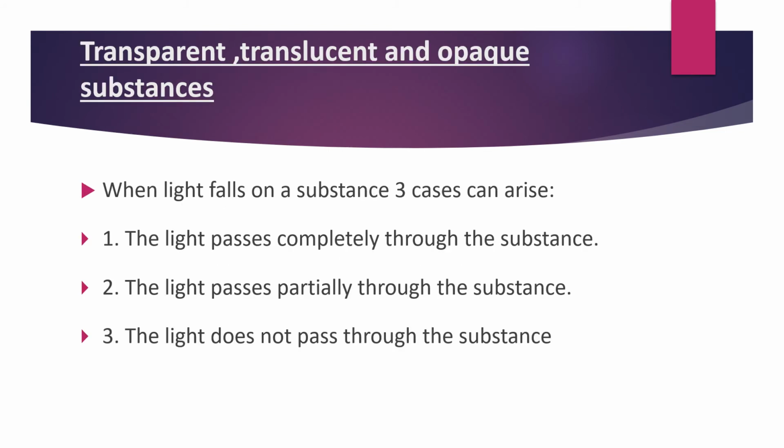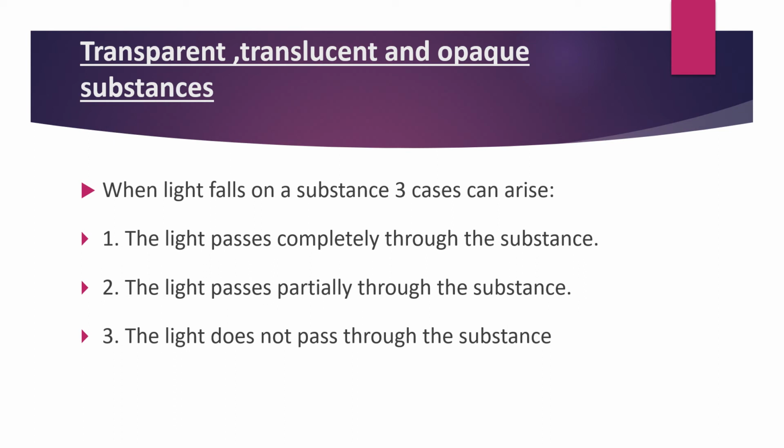Transparent, translucent and opaque substances. When light falls on a substance, three cases can arise. First case, the light passes completely through the substance. Second, the light passes partially through the substance.